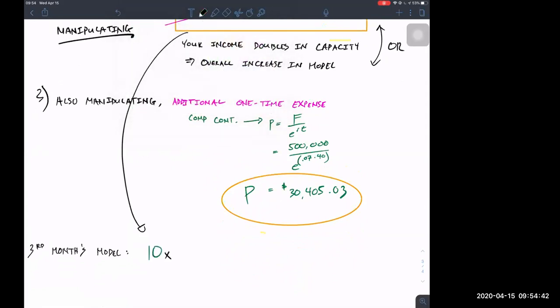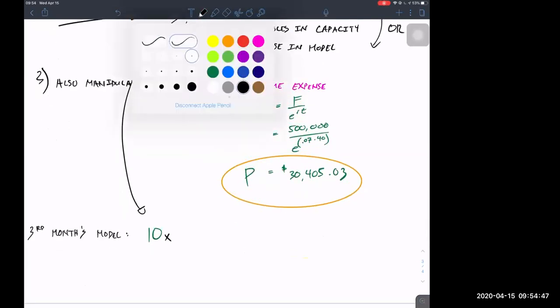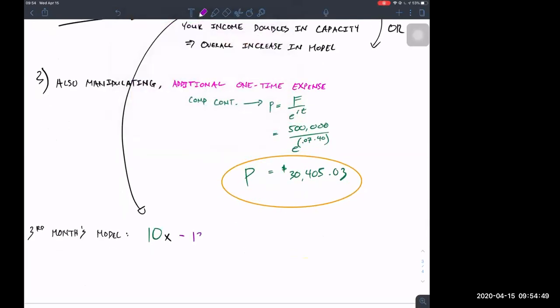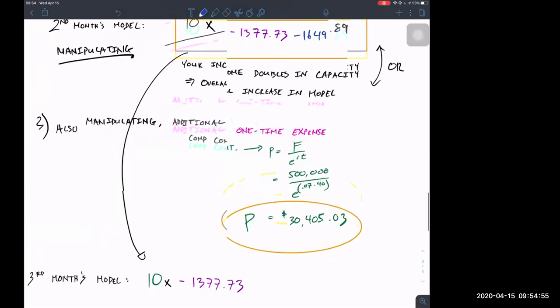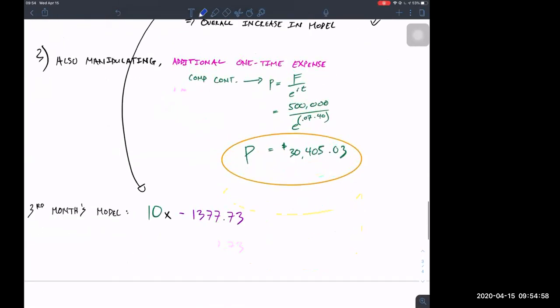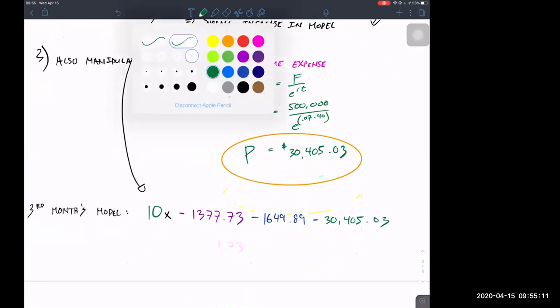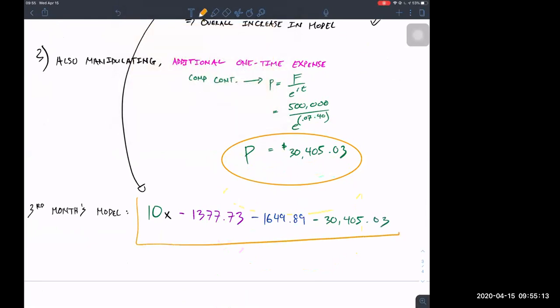We don't revert back to that 5 unless you're told otherwise. Okay? Your monthly expenses are still the same, 1,077.73, as well as the lease, 1649.89. But now you have this additional 30,405.03. And that's the answer I would be looking for this third month right now.